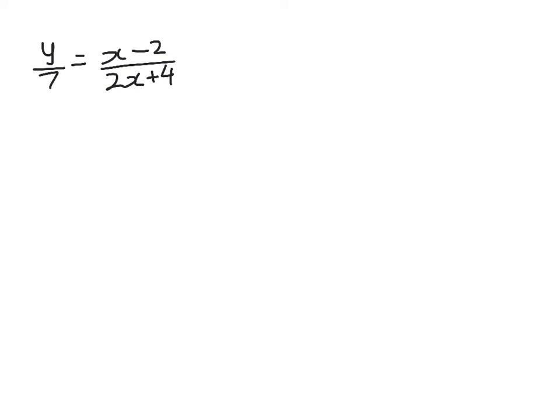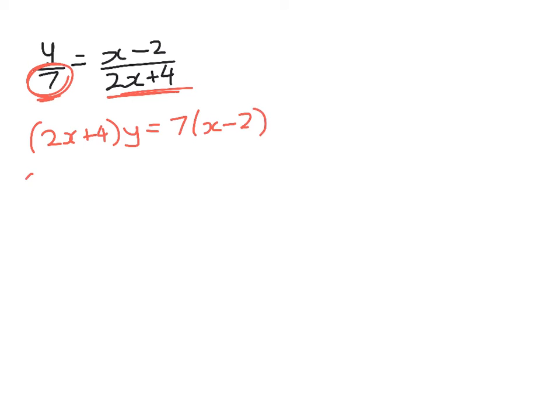This is just a tiny bit worse because I've got 7 in here, but there's no need to freak out about that. We're going to multiply both sides by (2x plus 4) and by 7, giving me this. (2x plus 4) times y is equal to 7 times (x minus 2). Expanding gives me this.